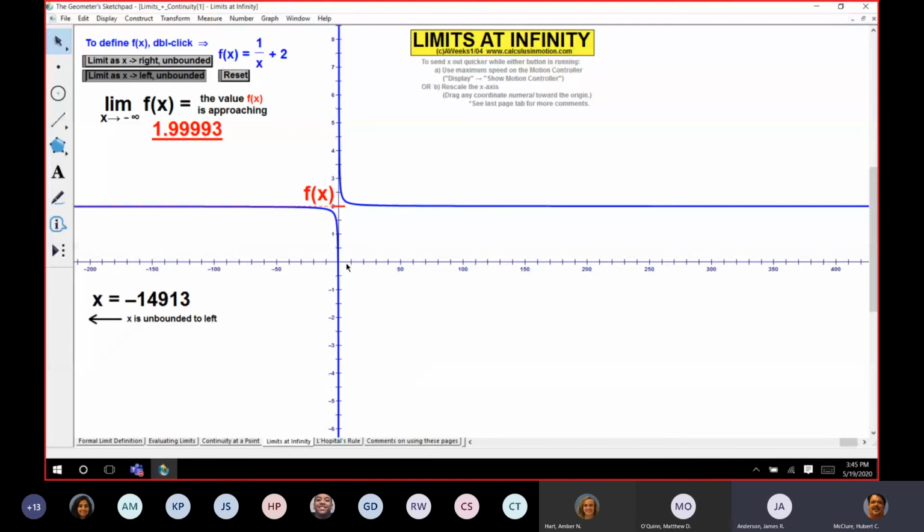Does it ever touch the y-axis? Yes or no? Never. And if you look, at x is equal to -15,000, it just keeps on going. Now, there is a horizontal asymptote of +2, but that's a different animal. We're talking about vertical asymptotes.